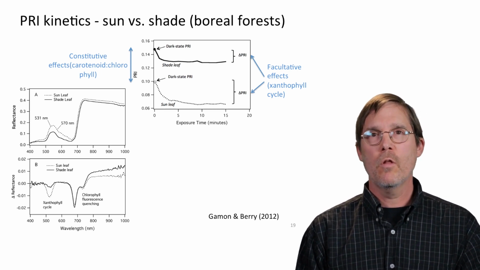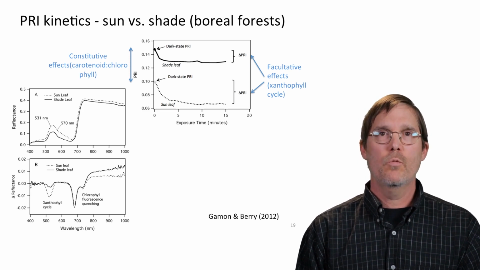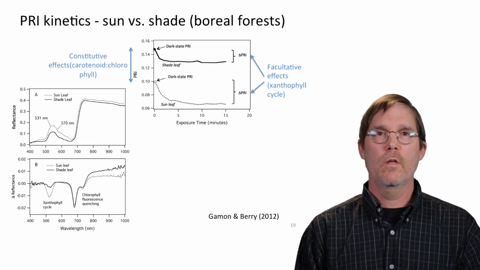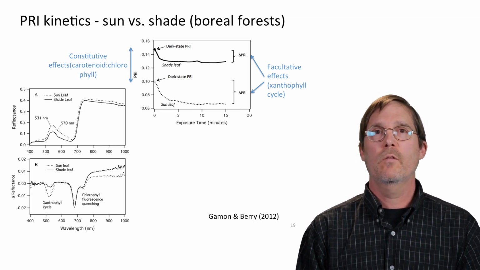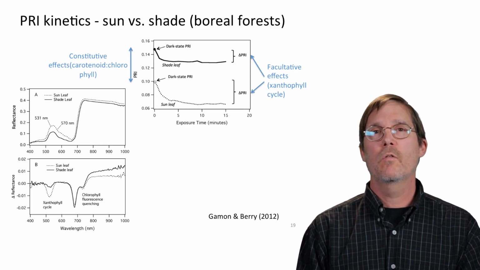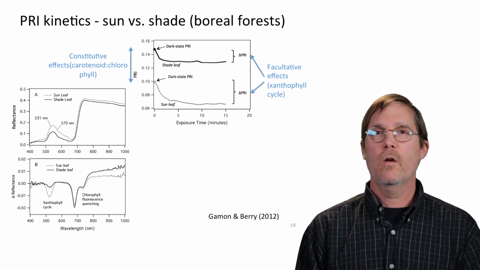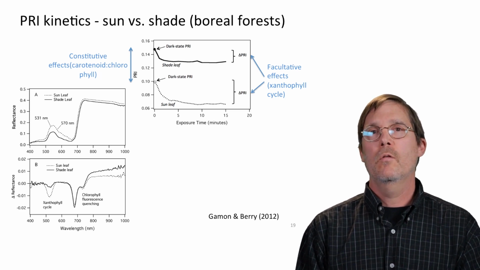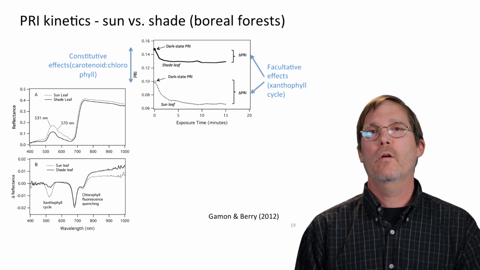This changes very slowly, and it's not going to change within a day, but it might change over the life of the leaf or with seasons or with chronic stress. And so there's more than one thing going on here, and you can tease them apart based on the kinetics, and you can use these dynamic approaches to see the difference in the xanthophyll cycle or longer-term constitutive effects, pigment pool size effects, on the other hand.